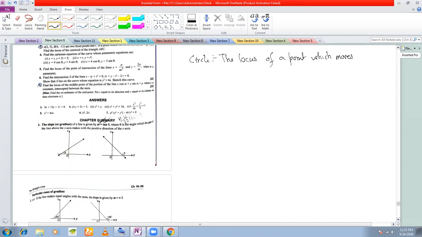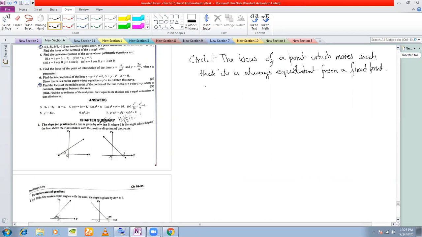Just a small introduction I'm giving you. The locus of a point which moves such that the distance between the moving point and a fixed point always remains constant, that it is always equidistant from a fixed point.